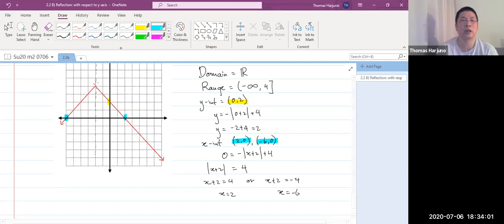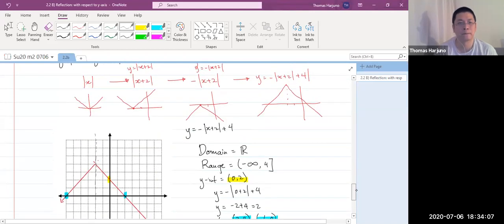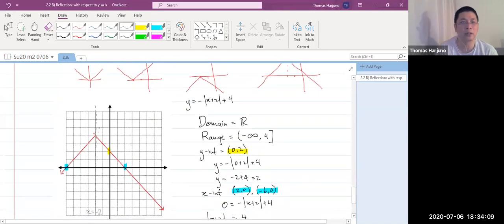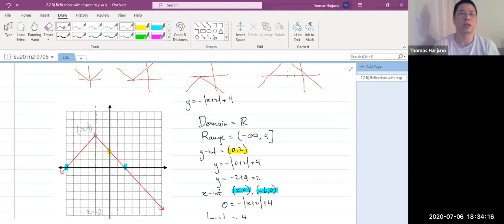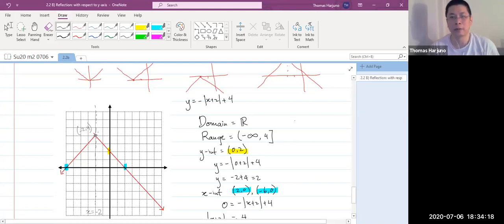Okay. And the axis of symmetry, x equals... the vertex is (-2, 4). Okay, let me write it down there. The vertex (-2, 4).